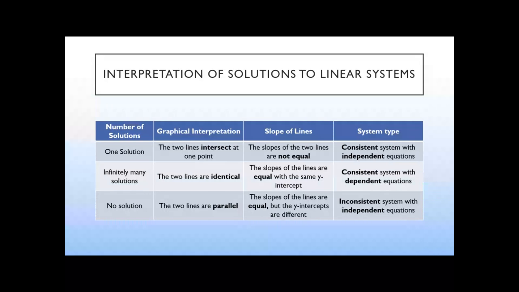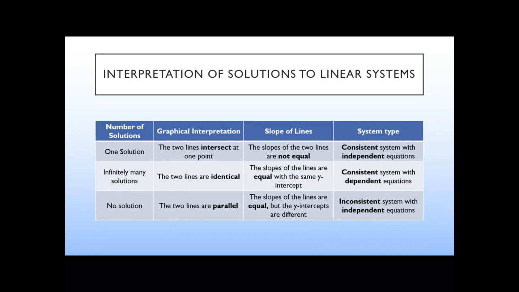Now the last possibility is having no solution at all, and this is when they don't intersect. So the only way for two lines to not intersect is if they're parallel. So if you have parallel lines, you have no solution. And just like with infinitely many solutions, they have the same slope, but their y-intercepts are different. So you can take your equations and put them in slope-intercept form, and then looking at the slope and the y-intercept, that can tell you whether you have a solution, multiple solutions, or no solution.